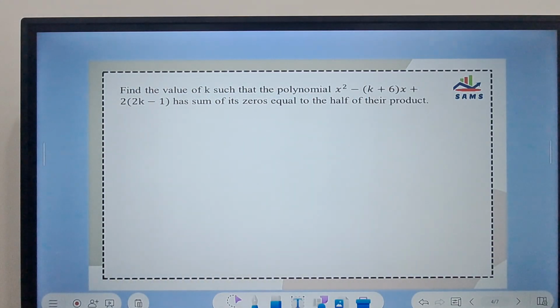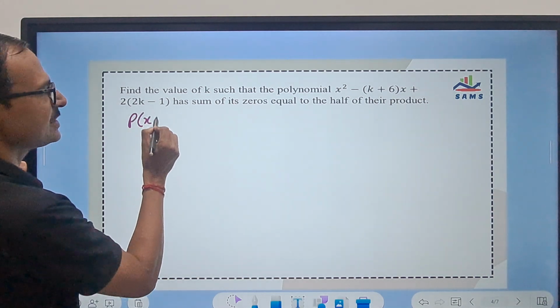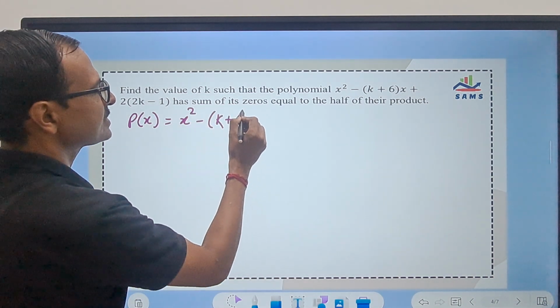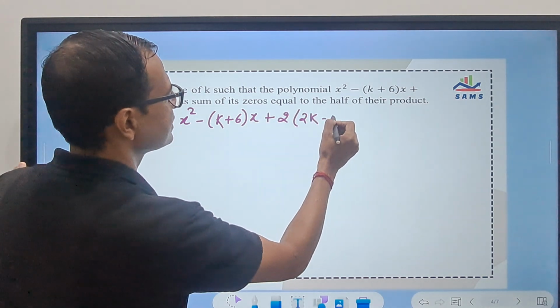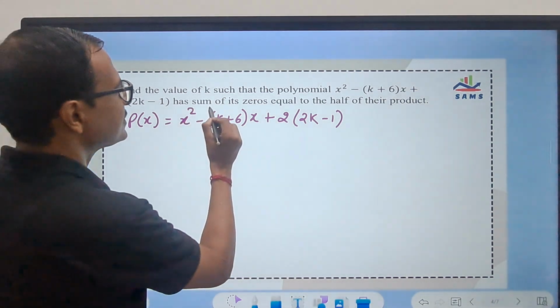Find the value of k such that this polynomial, now the polynomial is given here, I'll assume that it is p of x, so x square minus k plus 6 times x plus twice of 2k minus 1. This is the polynomial, okay? Now what is given in this is the sum of zeros.